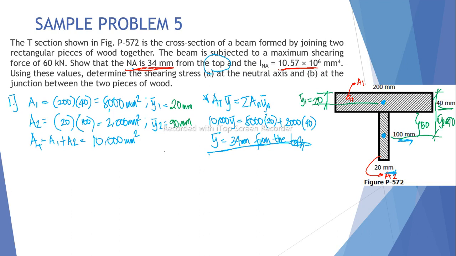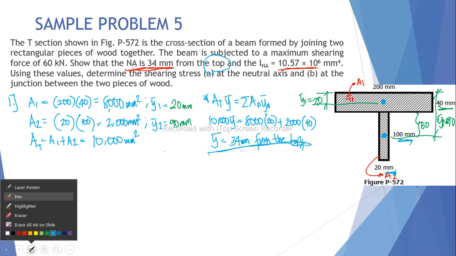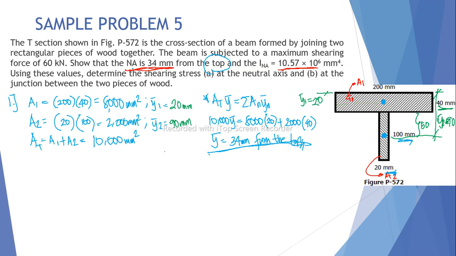So I first showed the neutral axis of area 1, which is at the middle, the centroid, and then that of area 2. So we found the neutral axis of the section, which is 34 millimeters from the top.